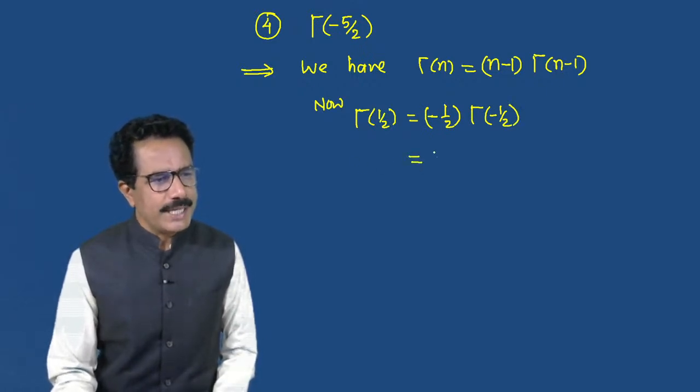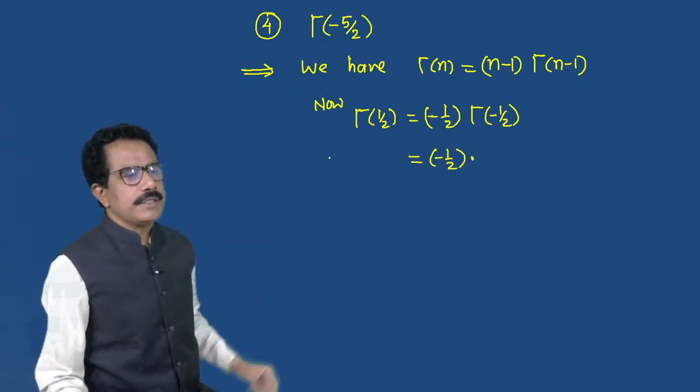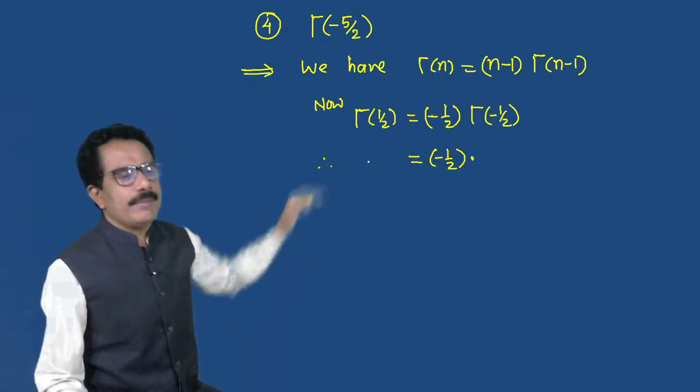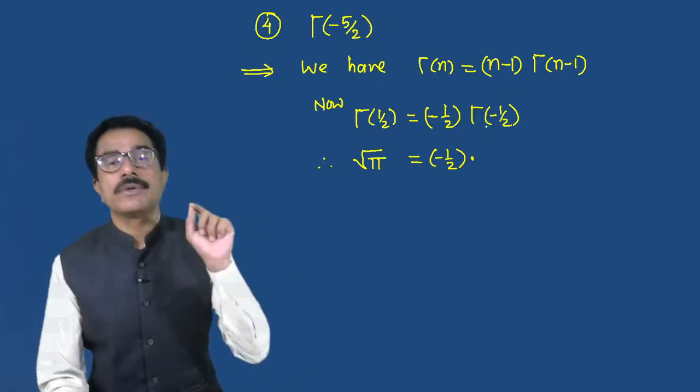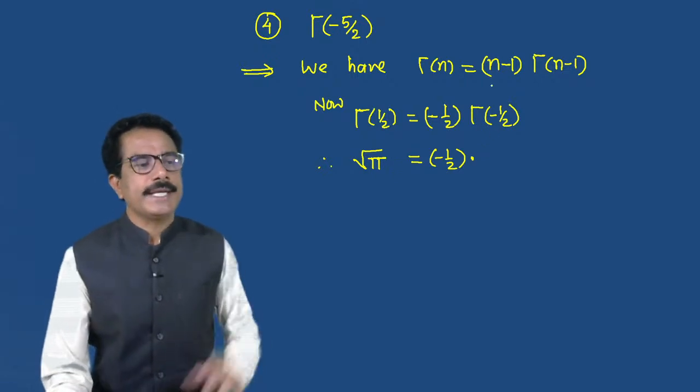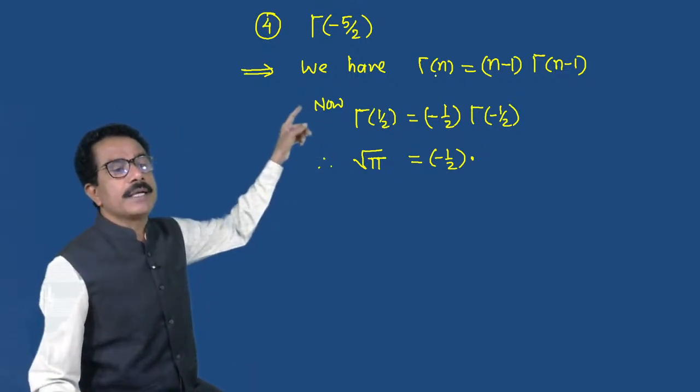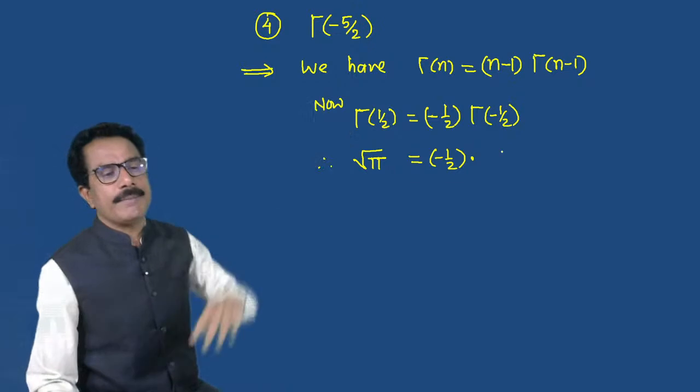Here we know that gamma 1/2 means root pi. Now minus 1/2 gamma minus 1/2, again we have to use the formula gamma n is equal to n minus 1 gamma n minus 1.